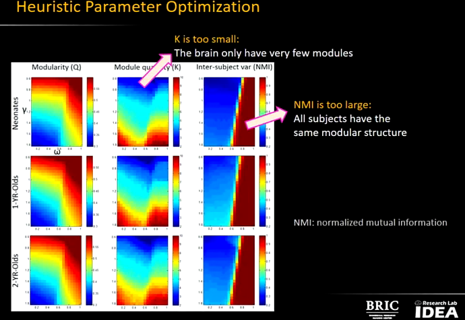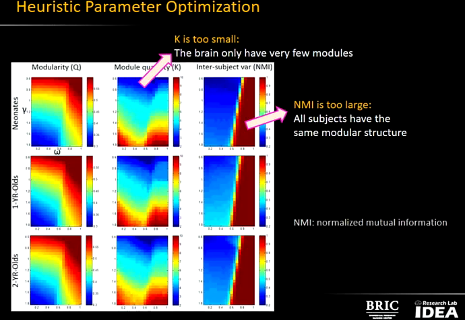Actually, the gamma and the omega are very important to choose, because they control the individual consistency. If we have a very large omega, then we will have the very same modular structure across different subjects. That is not realistic. So we use the normalized mutual information to calculate the variability in terms of the module assignment across different subjects.